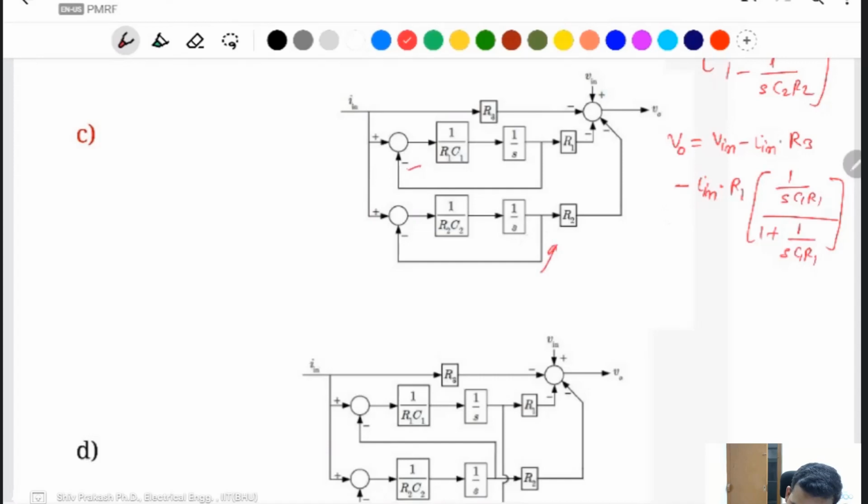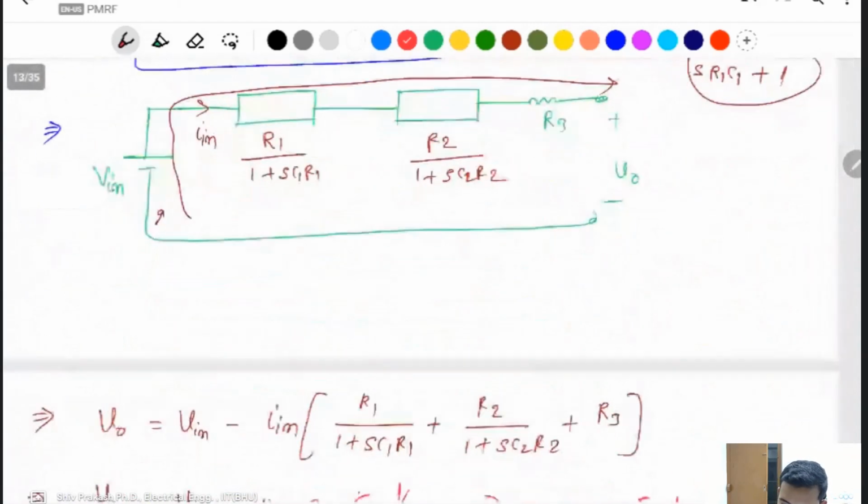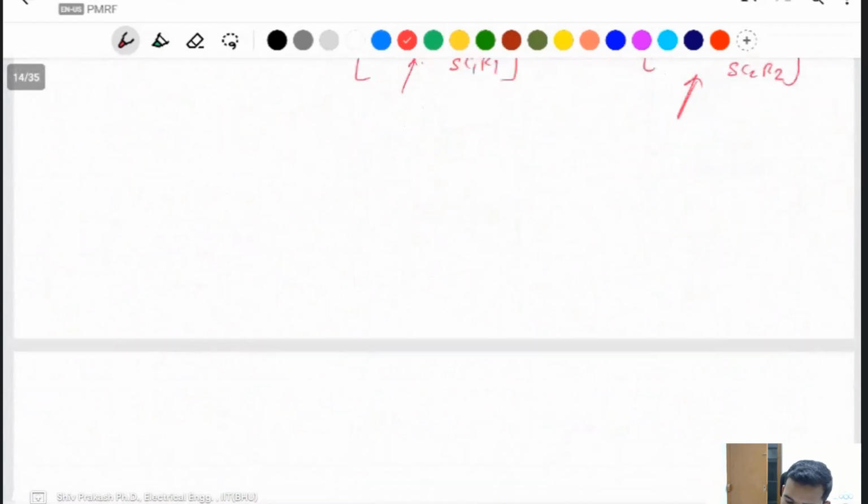Same thing for the R2, minus I in, this is a minus, into R2 times 1 divided by S C2 R2 over 1 plus 1 divided by S C2 R2. This one is exactly like this one.